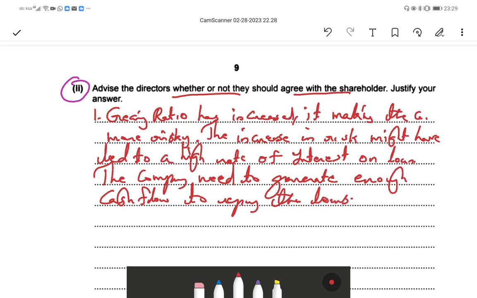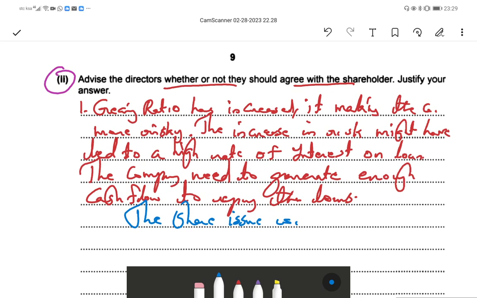While the share issue will have led to dilution of control.